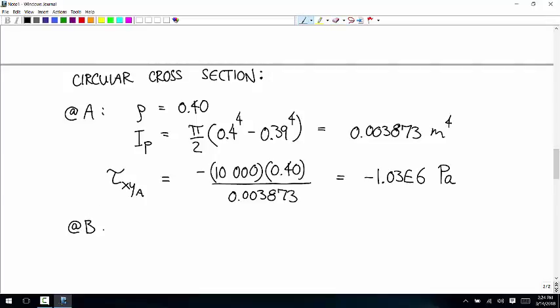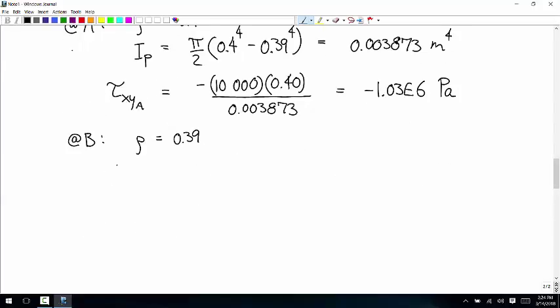Now at the point B, rho is equal to 0.39. I sub p is the same. So tau xy at the point B is negative 10,000 times a rho of 0.39 divided by that same value of I sub p.